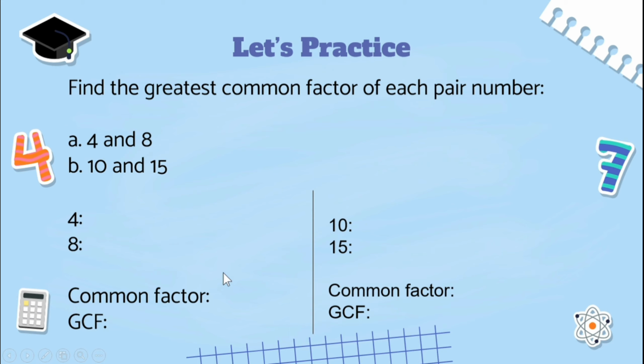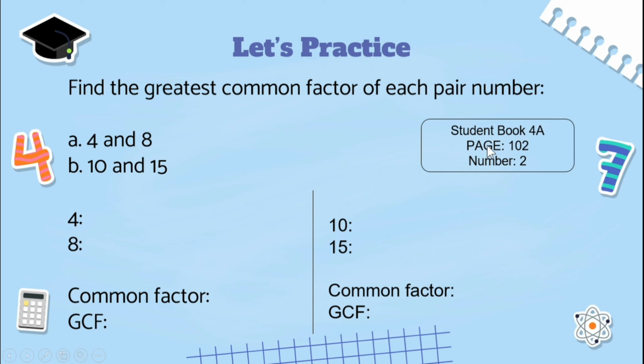And now let's practice. Find the greatest common factors of each pair of numbers. A, 4 and 8. We are going to find the factors of number 4. Remember, 1 is always the first factor of all numbers, and then 4 itself, and then 2 times 2.